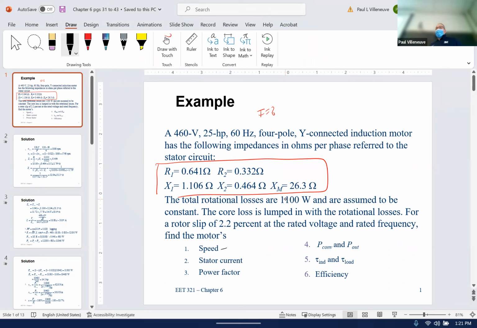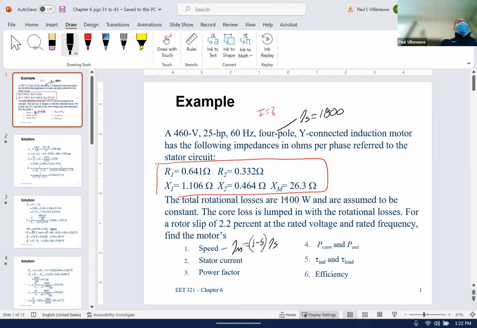How do we calculate speed? It's a 4-pole machine, which tells us synchronous speed is 1800 RPM. To find the mechanical speed of operation, it's 1 minus S times our synchronous speed.